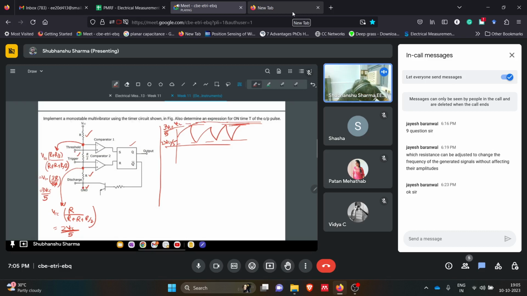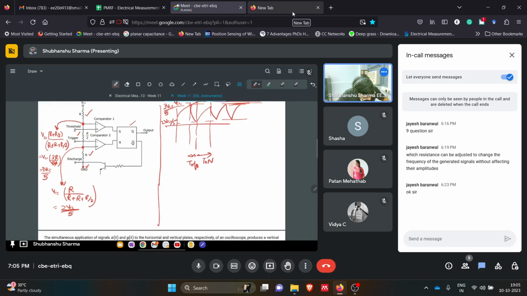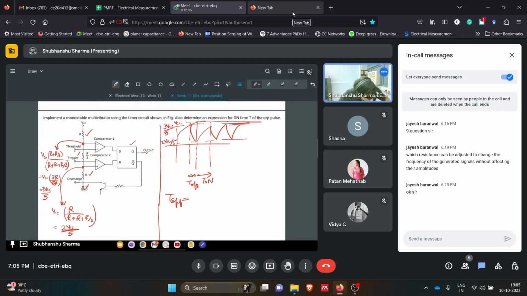So if we talk about this, this is T off, this is T on, the same thing you did in the lectures. If we calculate T off, it will be just this way. So what is the initial voltage?